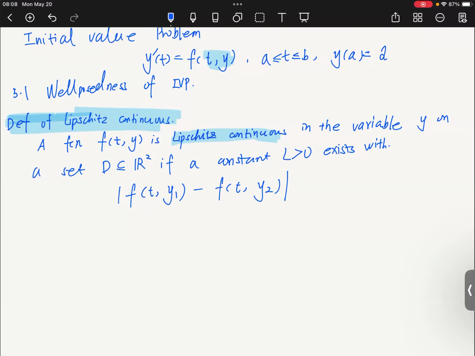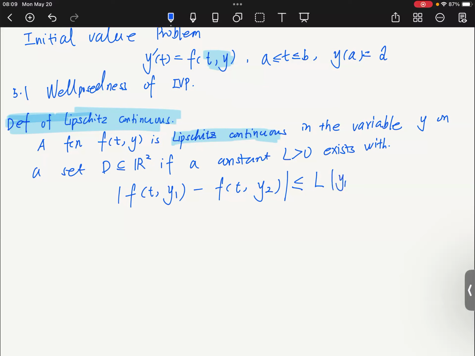As you can see here, we are going to have the right hand side bound. That is the constant L times the difference of y1 and y2.